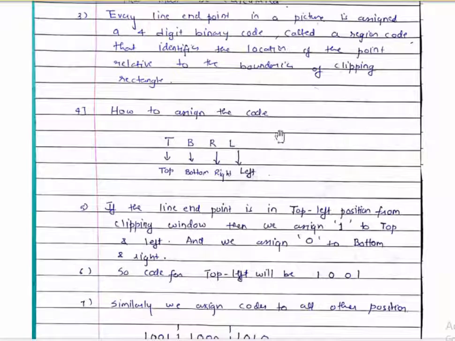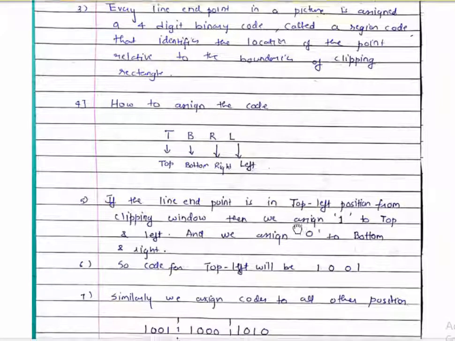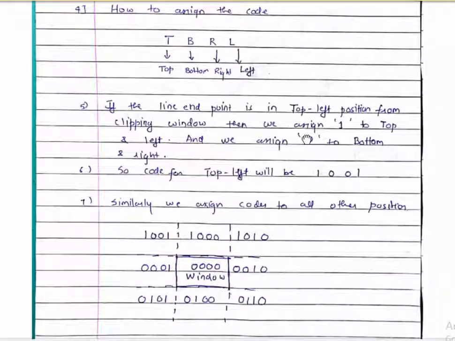So now how to assign the code? We have to remember this format: top, bottom, right, left. In this format we are going to assign the code. Suppose this is the clipping window and one of the line endpoints lies in the top left of that window.